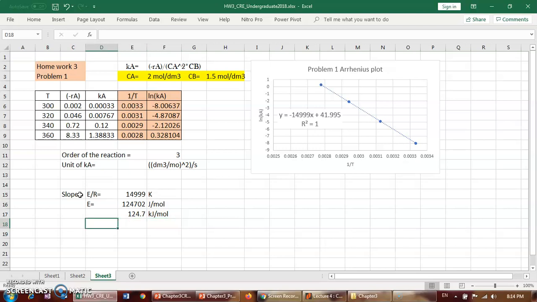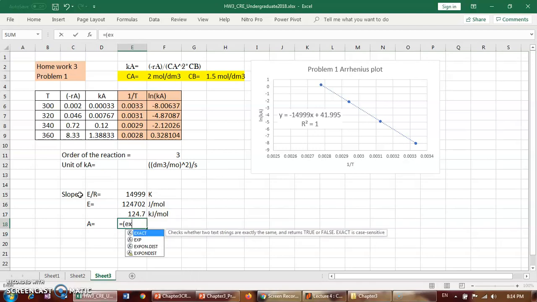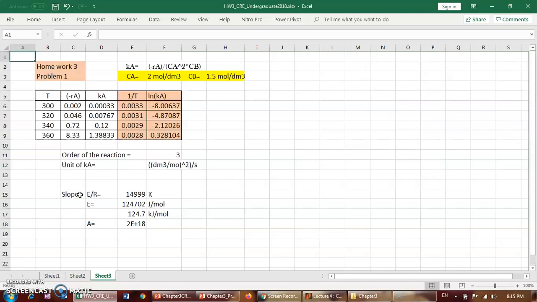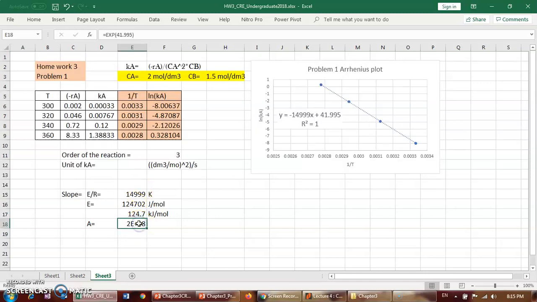And also you can find out the intercept from here. So A will be exp, sorry, I need to press an equal sign, write down exp, then bracket of 41.995, and we have a value of about 2 into 10 to the power 18.